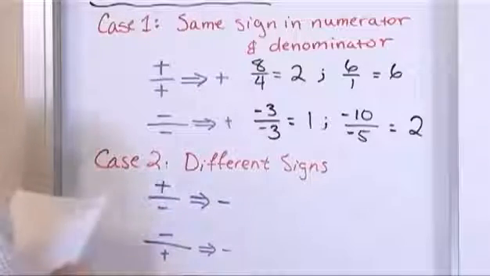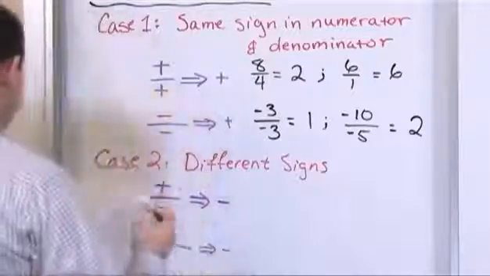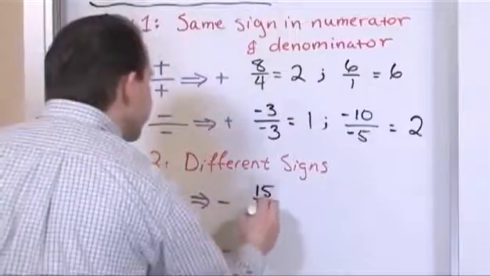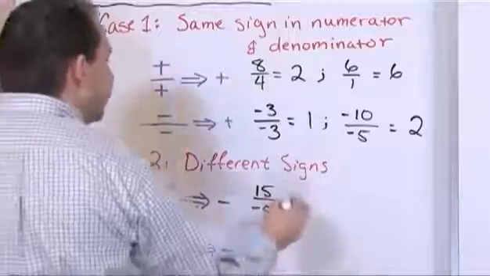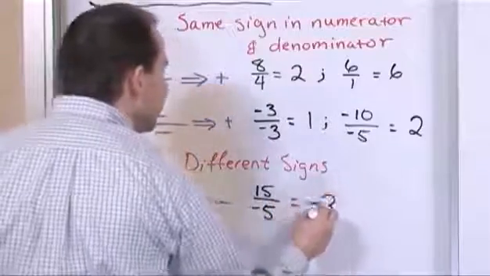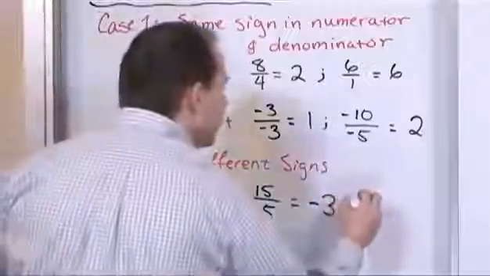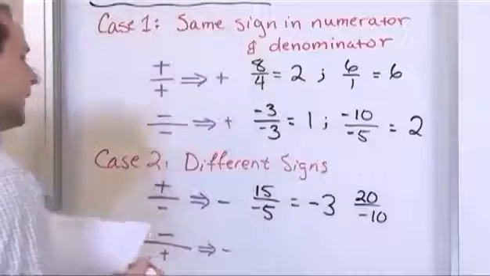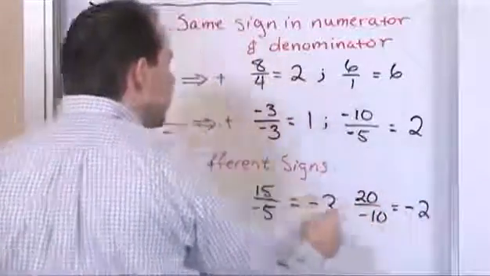Same rules as multiplication. So just to give you a couple of concrete examples, let's say you had 15 divided by negative 5. That would be this case. So 15 divided by 5 is 3, but it's going to be a negative 3 because the signs are different. And if you had 20 divided by negative 10, well, 20 divided by 10 is 2, but it's going to be negative 2 because these signs are different.